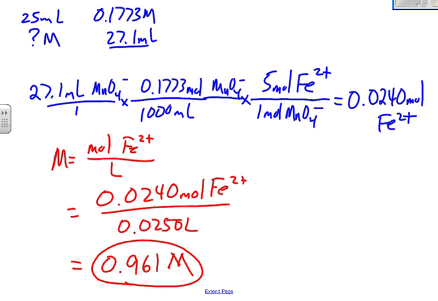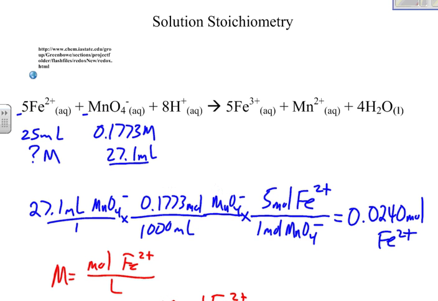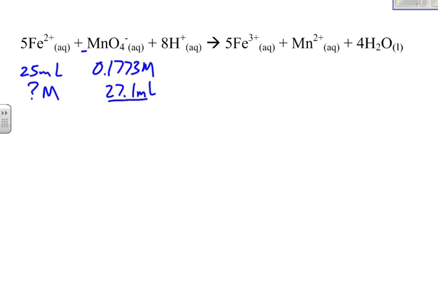Another thing we could potentially do with this reaction, let's give ourselves a little bit more space, is determine the grams of water produced, perhaps. That might be a question that we would be asked: how many grams of water were produced in this process.